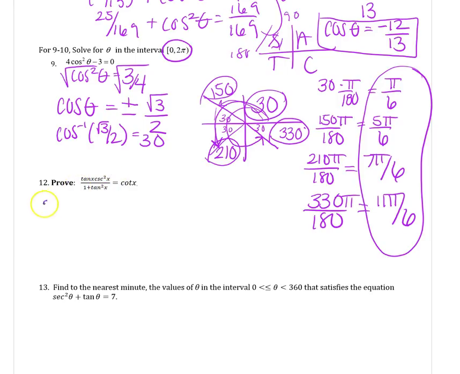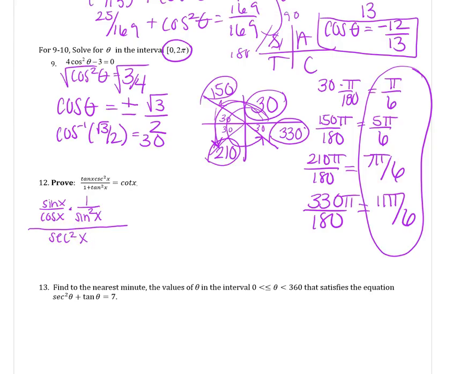So tangent of x is sine of x over cos of x, times 1 over sine squared of x. Make sure you don't drop off that squared. Completely divided by, we just said 1 plus tangent squared of x is secant squared of x.